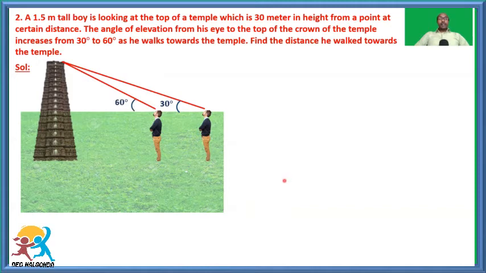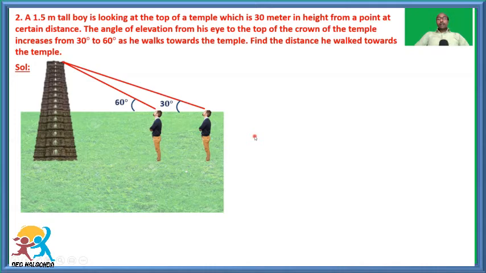Now it is asking what is the distance he walked towards the temple. So in this problem, we have to notice one thing, that the height of the observer is given, isn't it? So we have to consider this point while solving the problem.